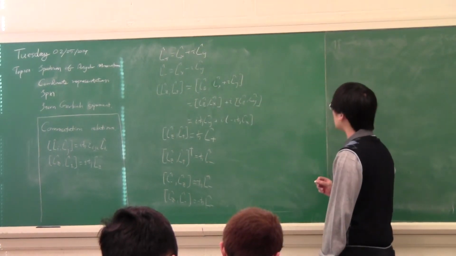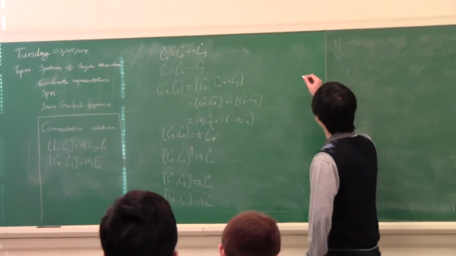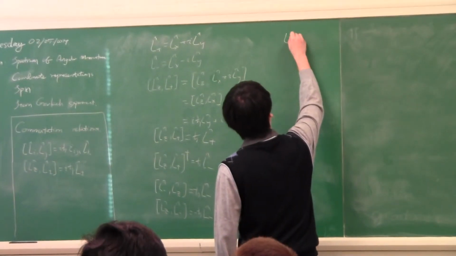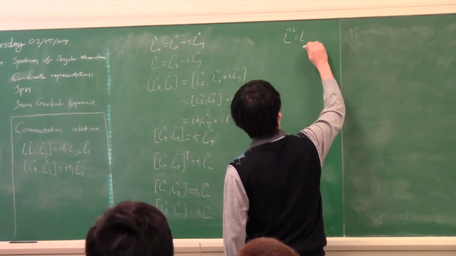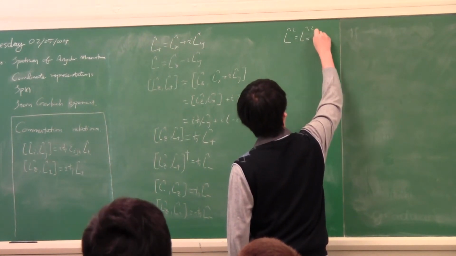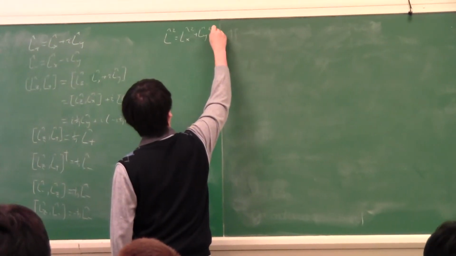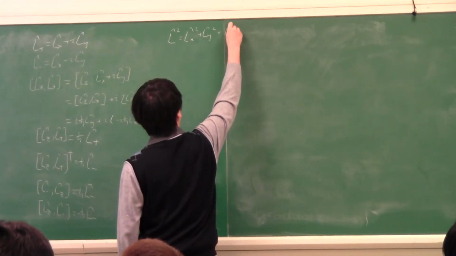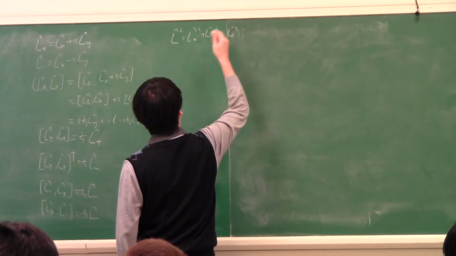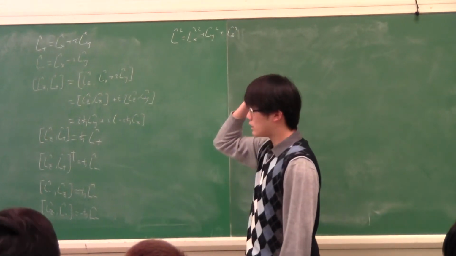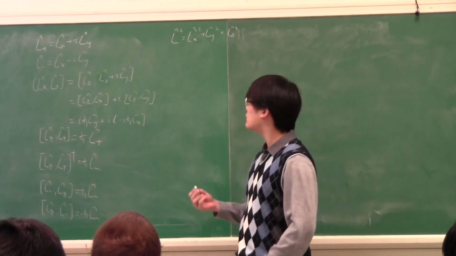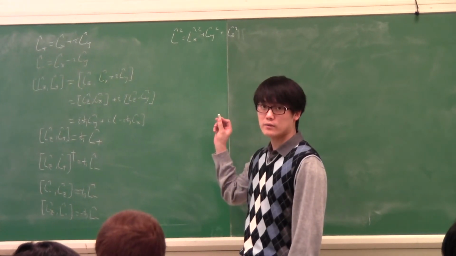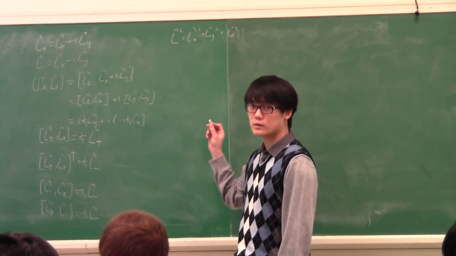In your homework, we defined a total angular momentum operator, given by L squared equals Lx squared plus Ly squared plus Lz squared. And I wanted you to check that L squared and Lz commute. Now what does it mean when they commute? It means they have simultaneous eigenfunctions.